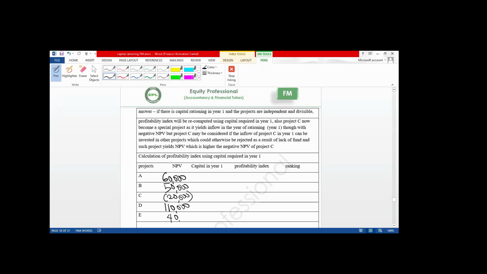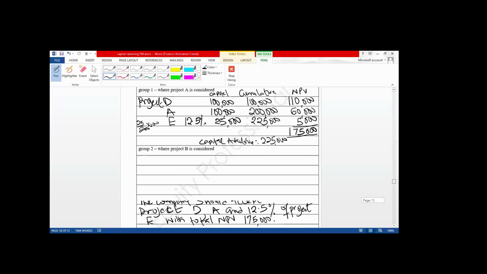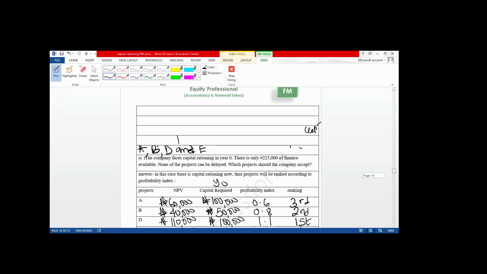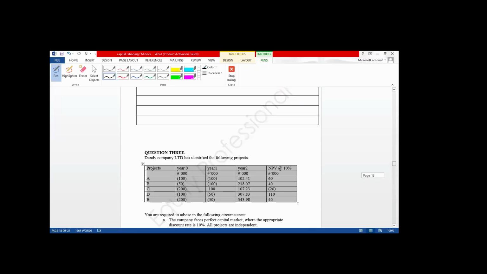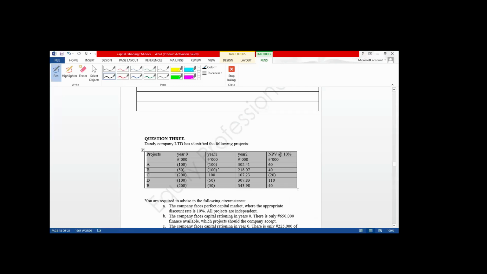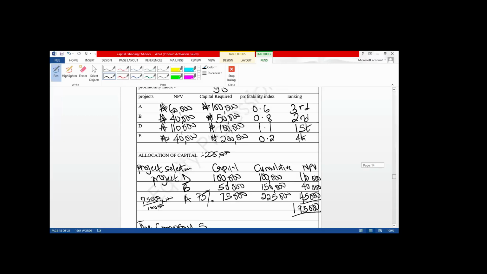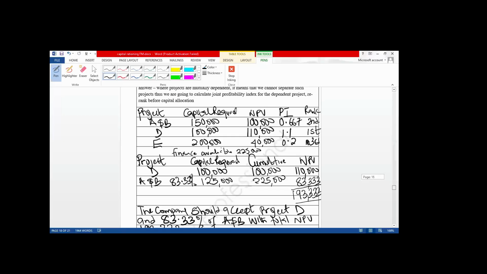Now in year 1, the capital required: project A needs 100, project B needs 100, project D needs 50, project E needs 50, and project C gives a positive 100 here. This should be the last aspect.